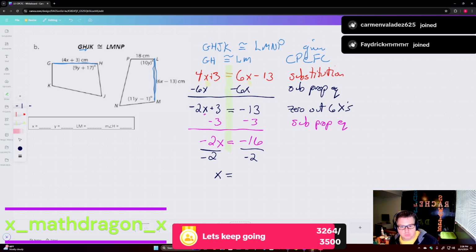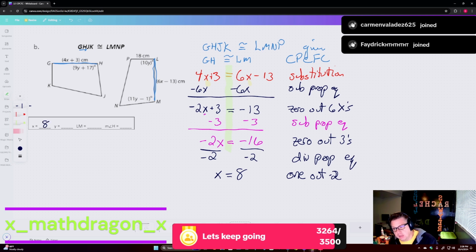So this was zeroing out the 3's. Then we're going to do division property of equality. And then we are wanting out the negative 2's because we want to make this a 1. Because 1x is just an x. And this is going to give us an 8. A negative divided by a negative is a positive. So x equals 8.